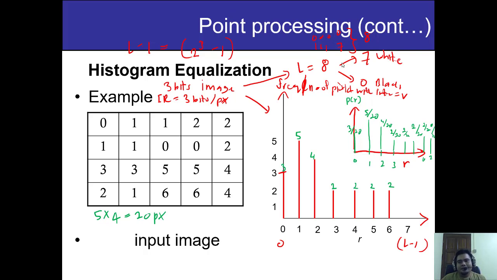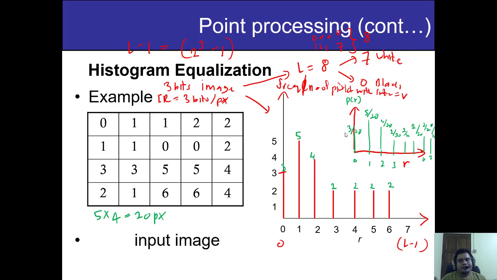Why do I call it a normalized histogram? Because from the direct number of events, or the frequency, by having the probability distribution function, everything there is 0 point something. If you total up, it is equal to 1. So it looks like a normalized histogram.